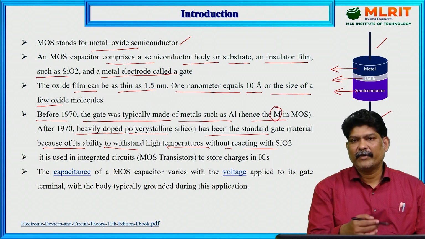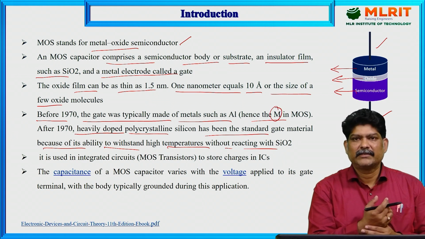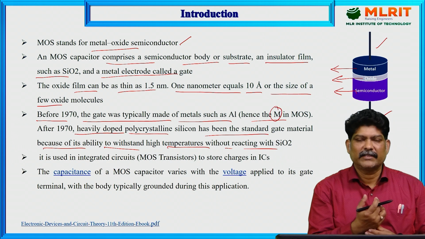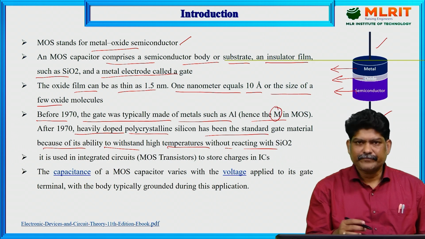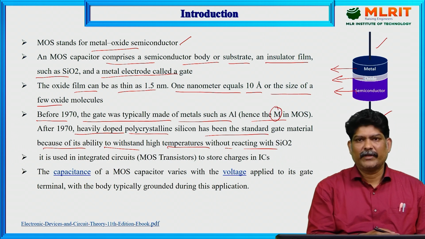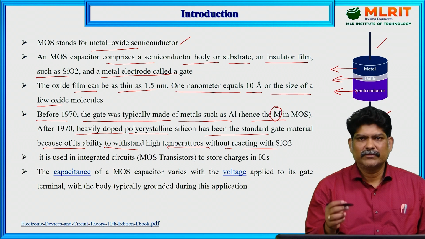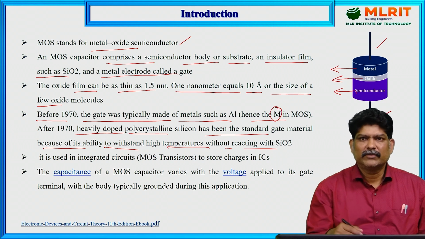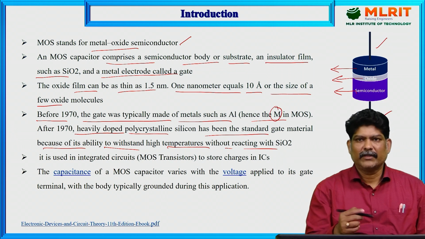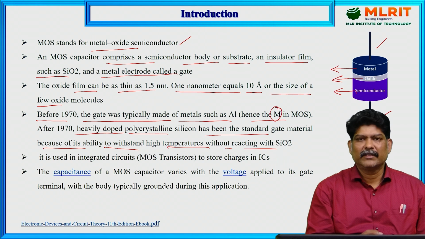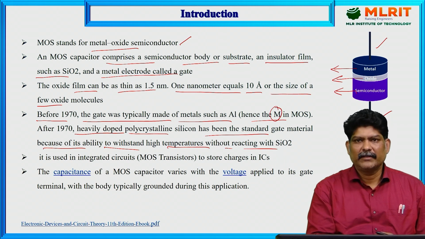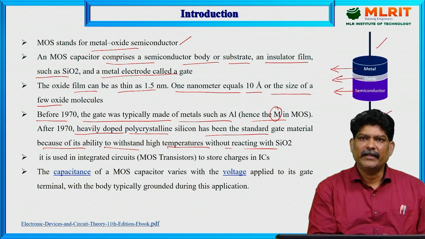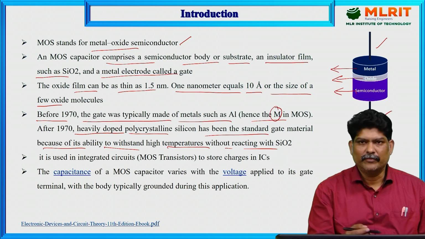As temperature increases, a few materials may change their characteristics and react with the neighboring components. To avoid this situation, instead of metal, we can use silicon material, that is, heavily doped polycrystalline silicon.